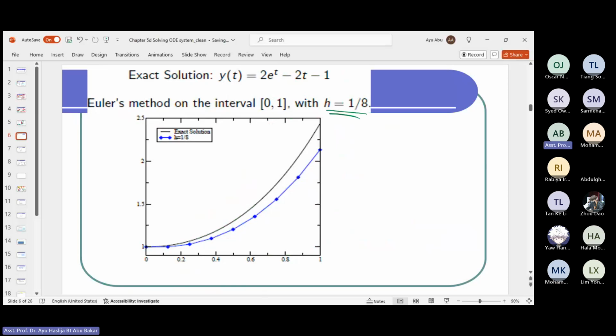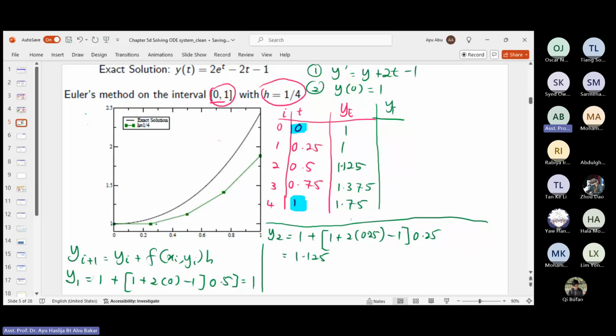Okay, wait before that. For the 1/4 interval, you have 5 points. 1, 2, 3, 4, and 5. But when h equals 0.5, you only have 3 points.